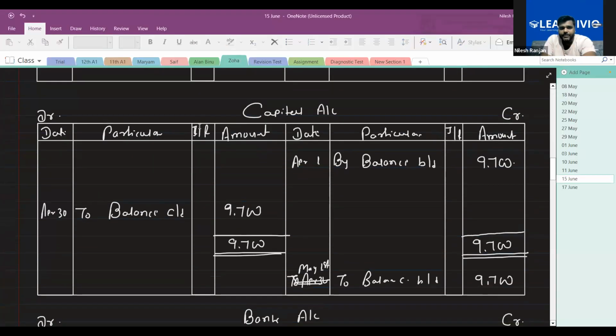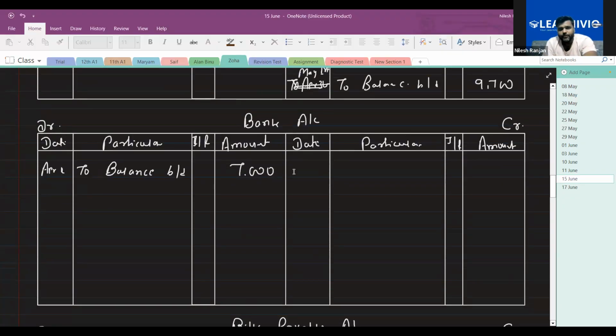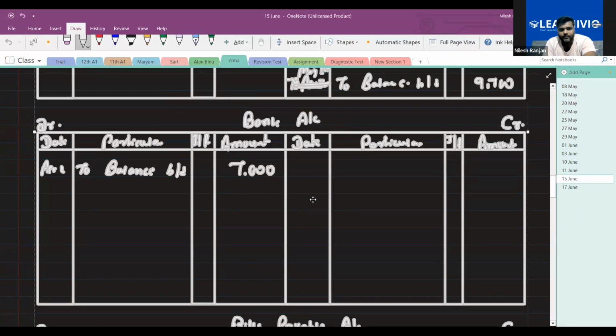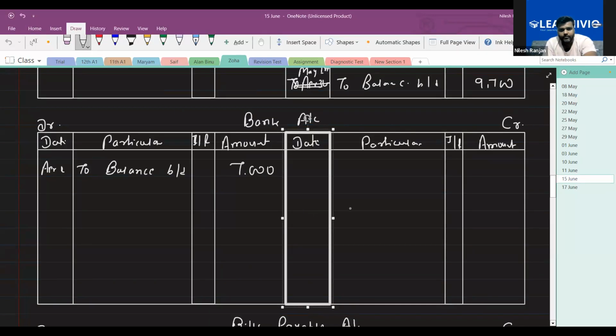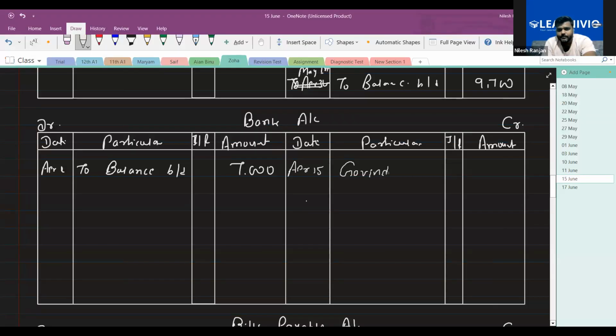If it is a payment, then it should go in the bank account. So on April 15th, by Govind 1500.